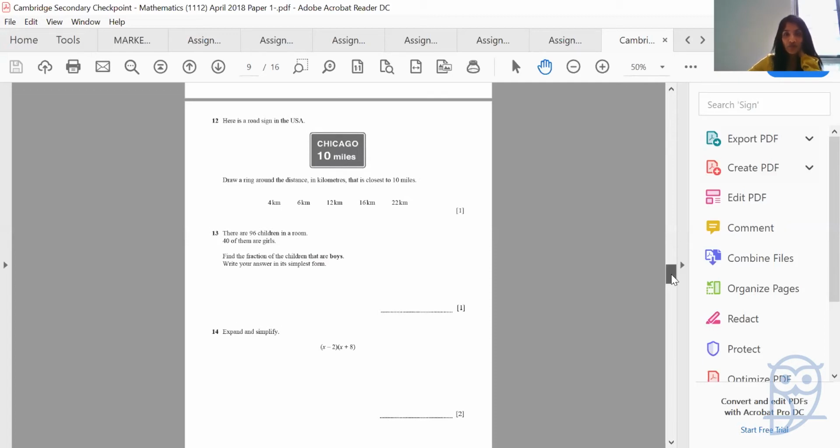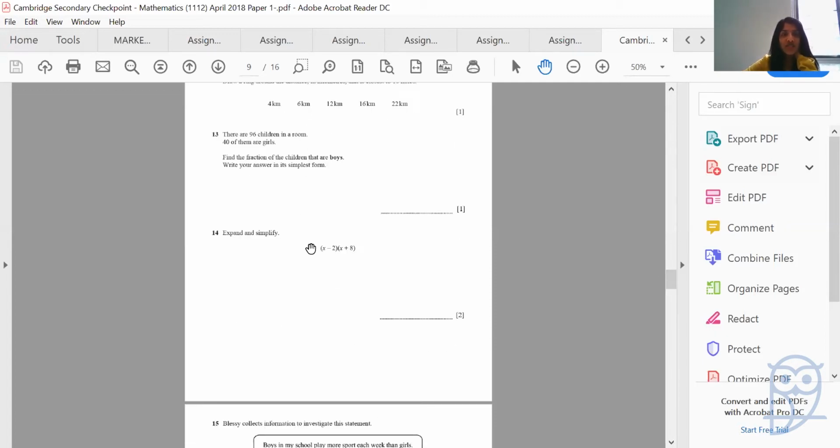Okay. The next question says there are 96 children in a room. 40 of them are girls. Find the fraction of the children that are boys, and then write your answer in its simplest form.